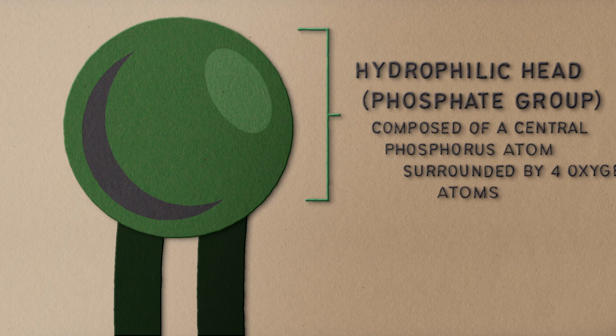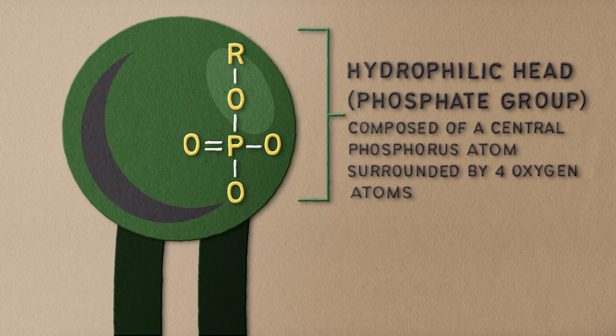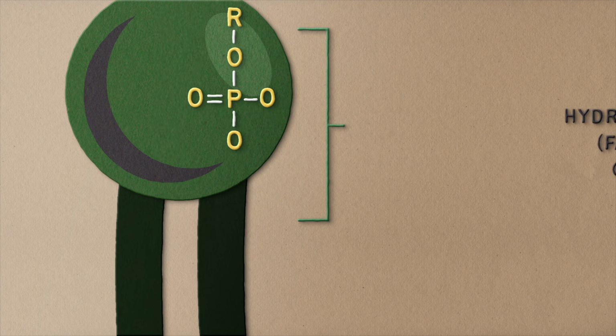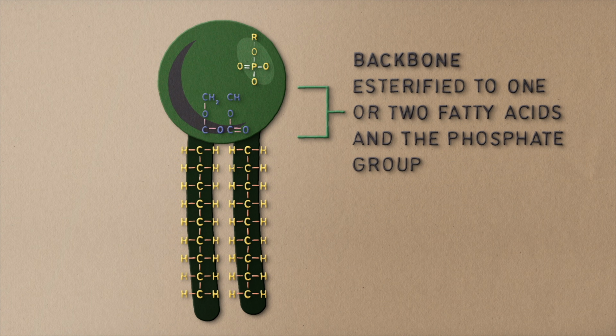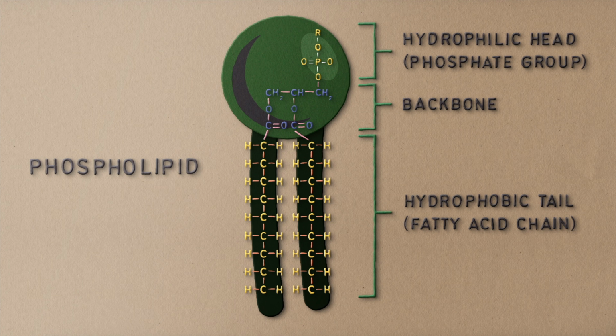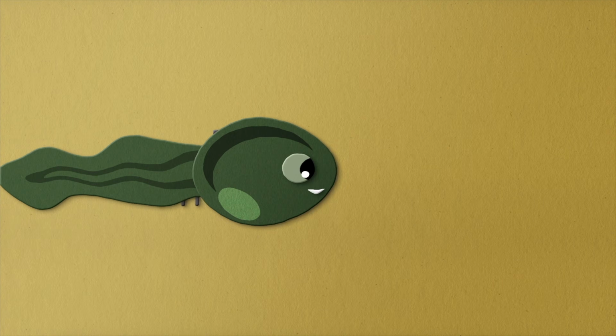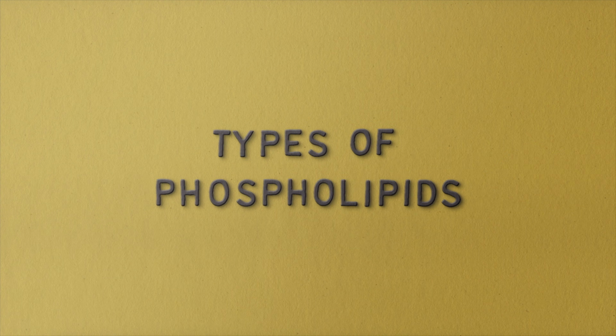Phosphate groups are made up of a central phosphorus atom surrounded by 4 oxygen atoms. And fatty acid chains are made up of hydrogen and carbon molecules. When you use a glycerol molecule as a backbone, combining the phosphate group with 2 fatty acid chains, and voila! You've got a phospholipid.